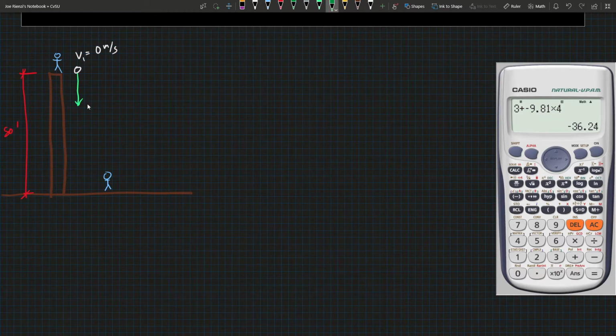At the same time, nung dinrop, may nagbato rin ng bola, upward naman. Siyempre, in this case, kailangan meron siyang velocity. So, yung initial velocity dito is equal to 40 feet per second. Dahil nasa English system tayo, ang ating acceleration due to gravity is equal to negative 32.2 feet per second squared. So, kailangan natin tandaan.